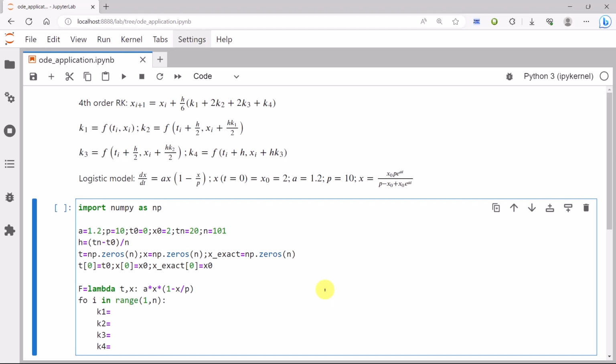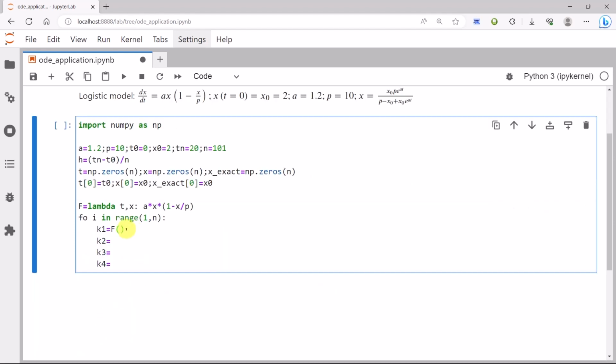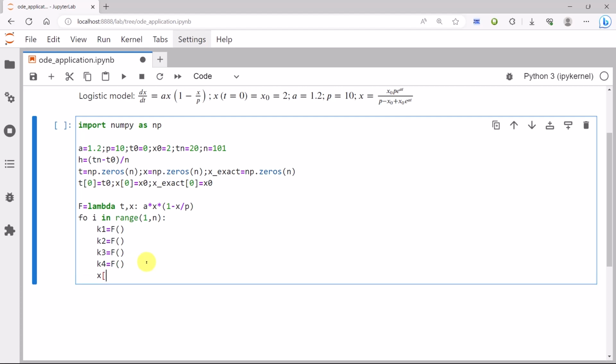So k1 is the value of this function at some points, some x and t, and all of them are values of this function. Once we calculate the values of this function, then my x i will be equal to x i minus 1 plus h multiplied by k1 plus 2k2 plus 2k3 plus k4 divided by 6.